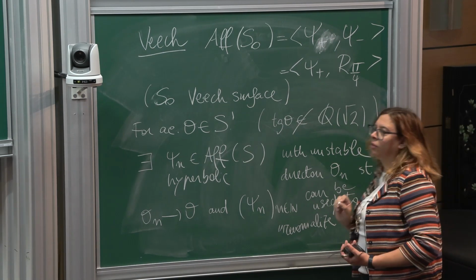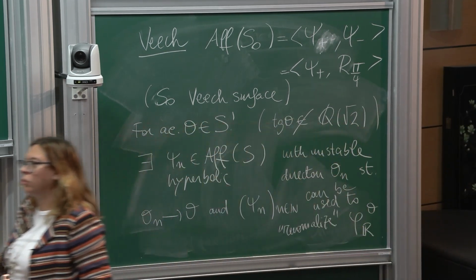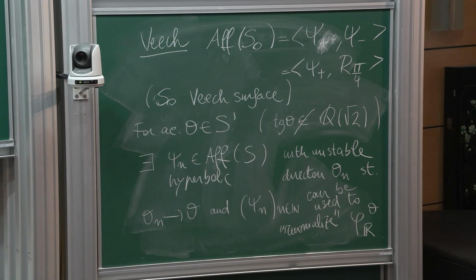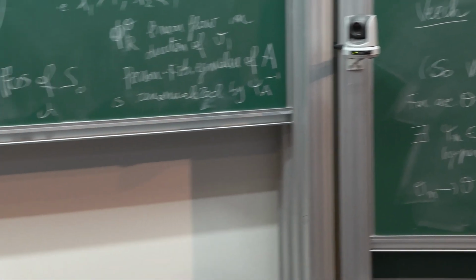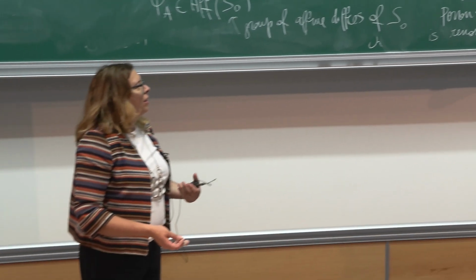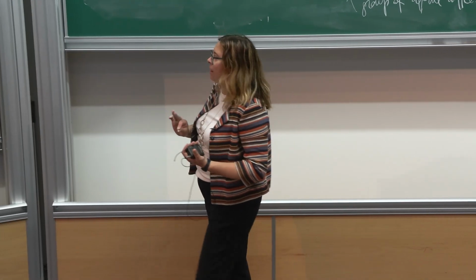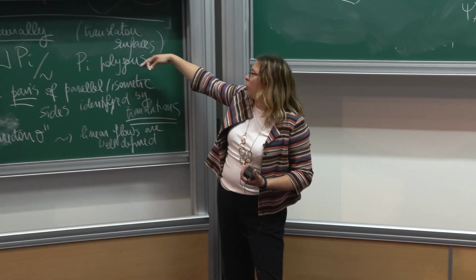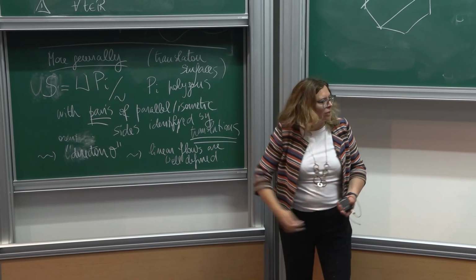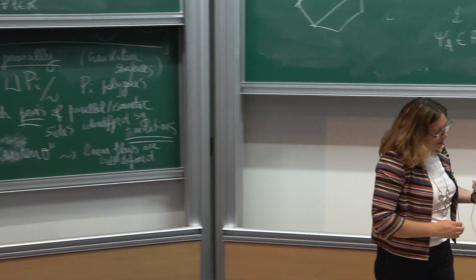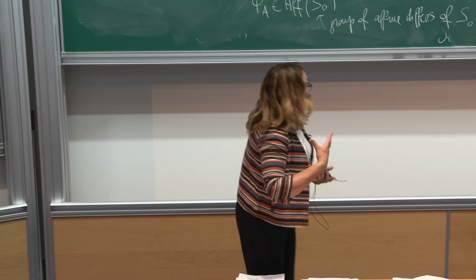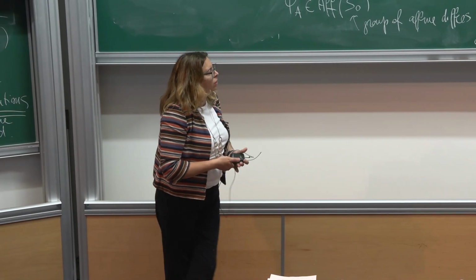Okay, so I think it's a good moment to stop. After the 5 minute break, I want to explain, okay, we have this renormalization. First I could tell you, maybe later, how it extends to other translation surfaces which don't have affine diffeos. There is a way to renormalize the space of translation surfaces.